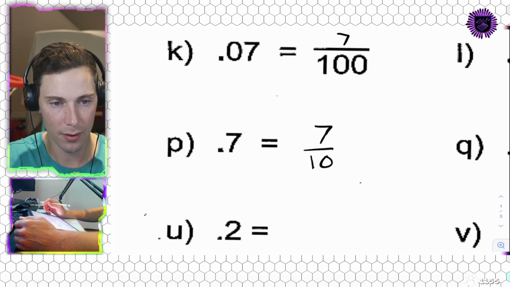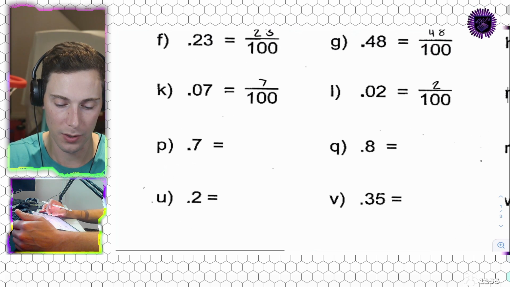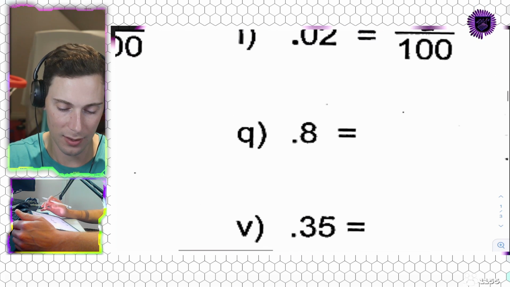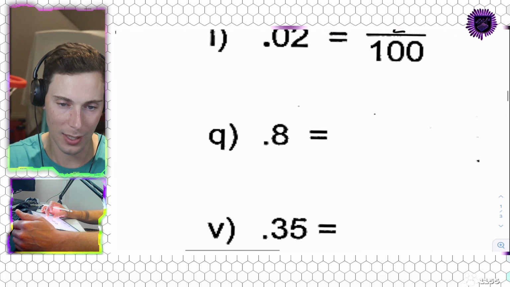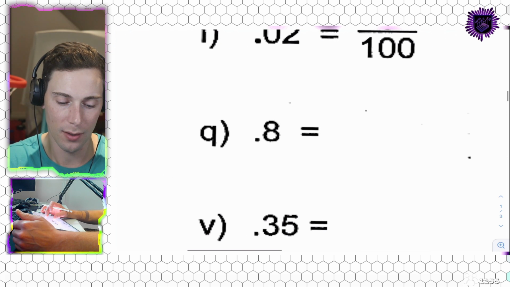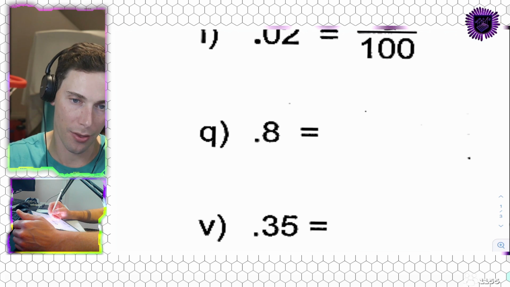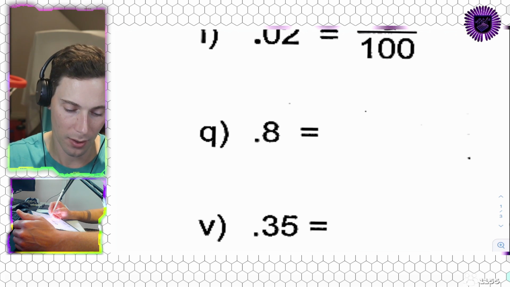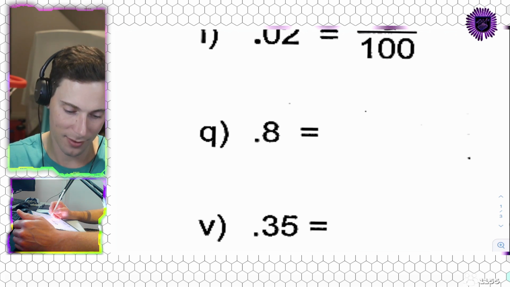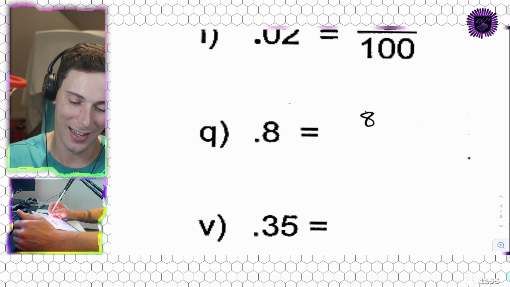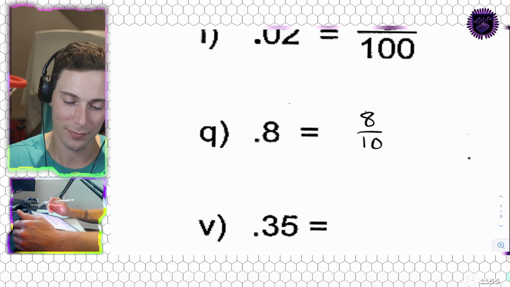It's a tenth, so we write it over ten. This is 8 tenths. Not an 8th, but 8 tenths. 8 over 10.